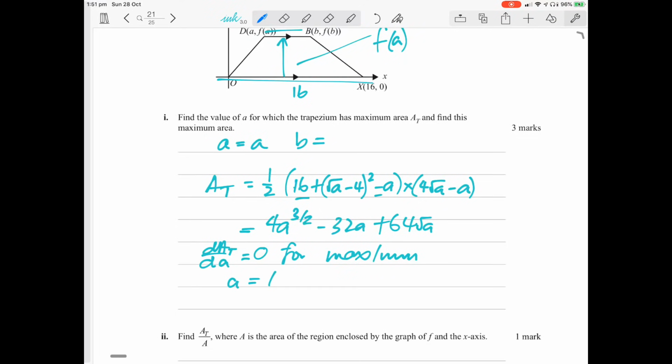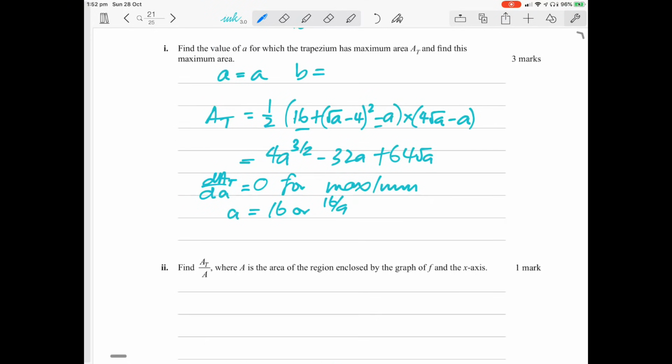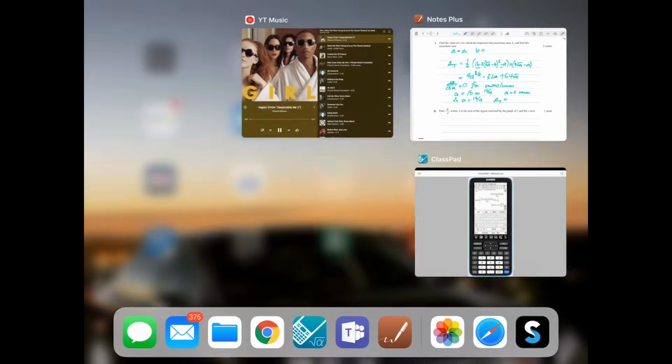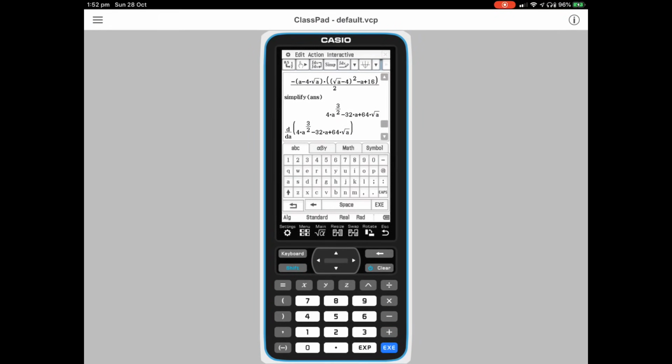So A equals 16 or 16 on 9. A equals 0 is a min. So therefore A equals 16 on 9, and A of t is equal to, so my area is that thing.